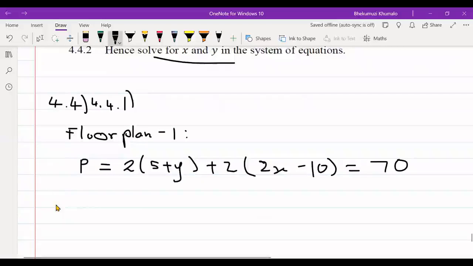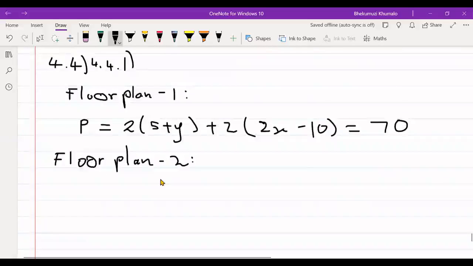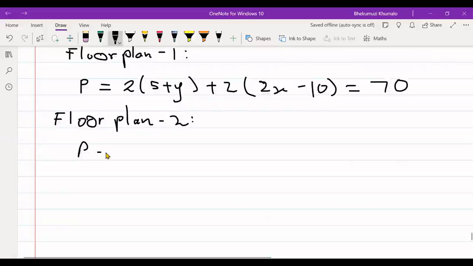And then for floor plan 2, when we talk about the perimeter, still the same thing. It's 2 times 2x minus 10 again. No, let me actually change this up quickly. Sorry. So I'm going to use the width first.